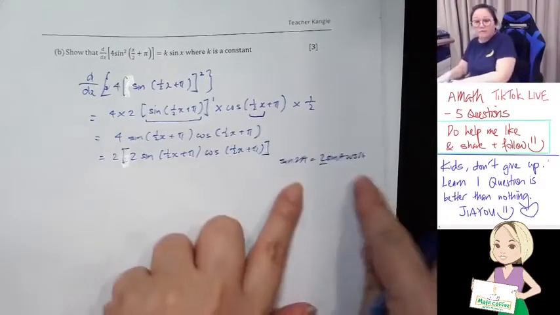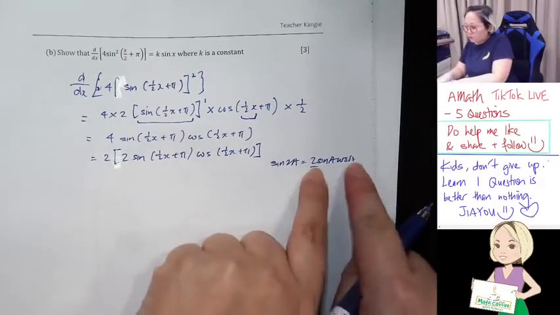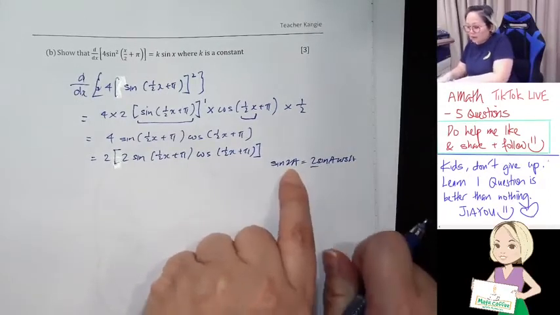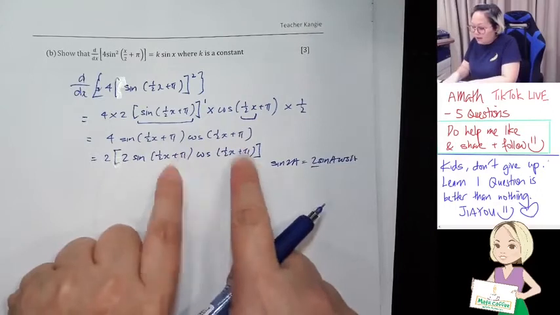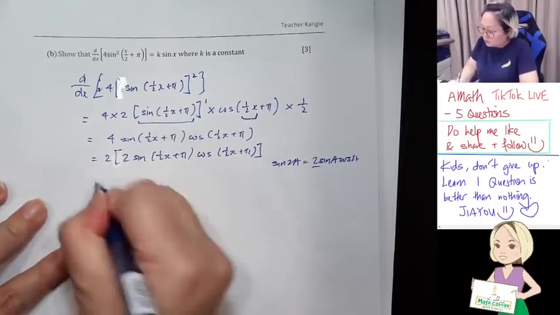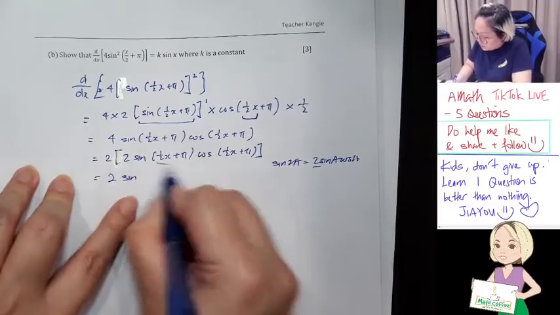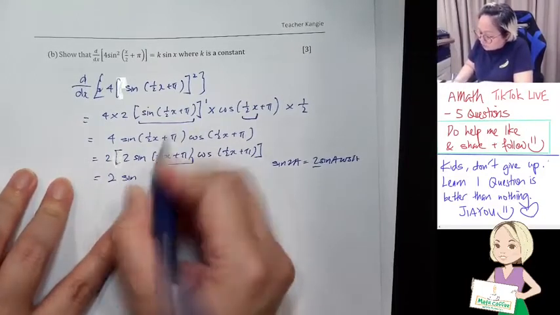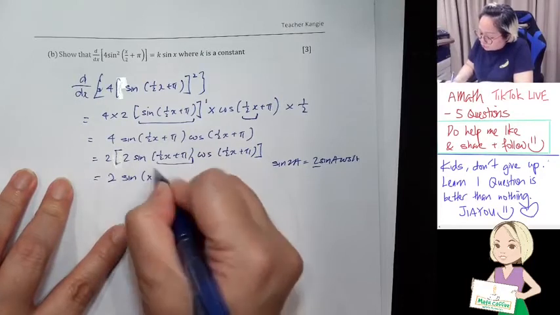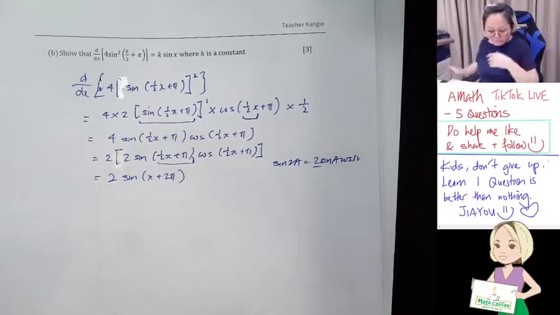So you look at the formula. When this is a, that means this side is 2a. So now this is my a. Now it will become 2a. So it becomes 2 sine of double this. So half x times 2 will be x. Pi times 2 is 2 pi. Agree?